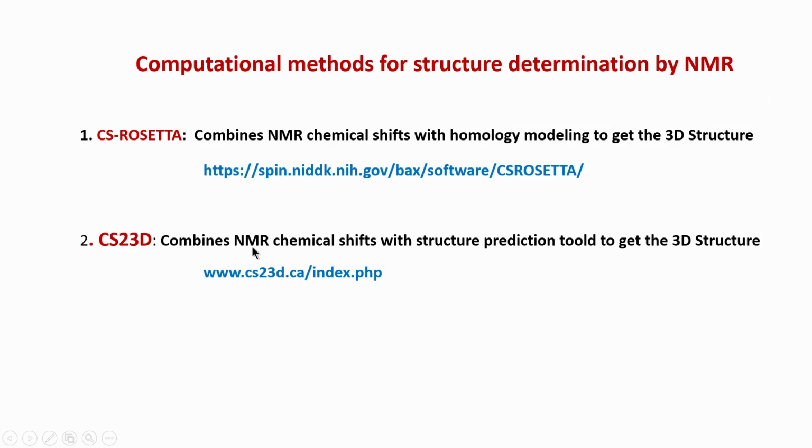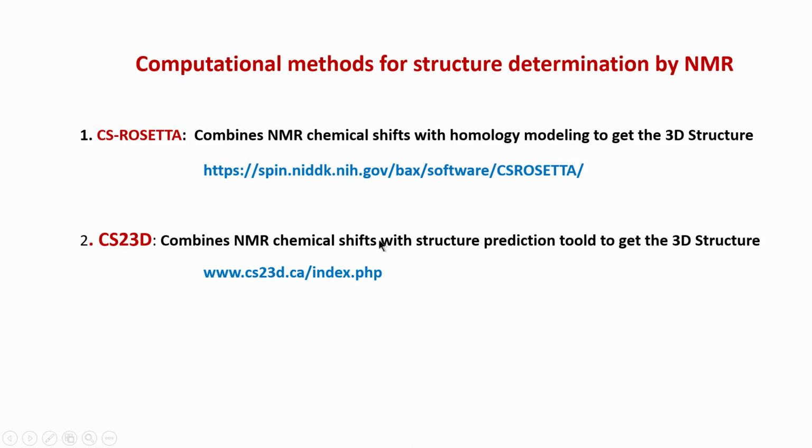So, essentially what we are doing here and also here is using computational methods. In this case it is homology modeling, but in this case it is ab initio, or it could be a structure prediction method. But what we are doing is, when we are predicting the structure, we are constraining it such that the chemical shift we have observed should be satisfied.